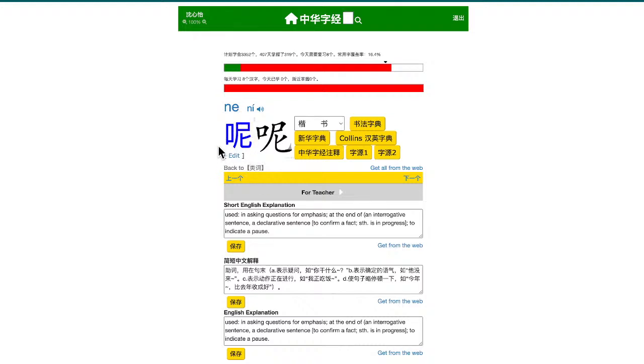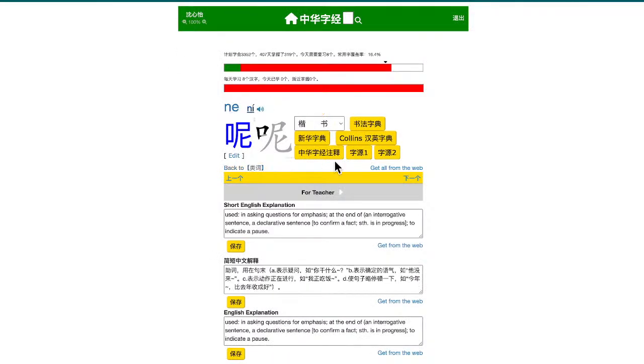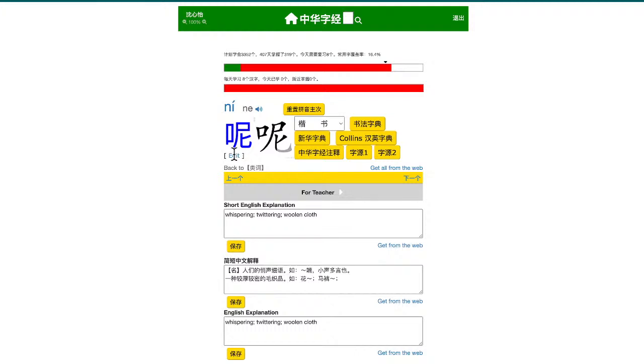So this one is also very, very common. If you see this enough times, then you will see what this character means. The second pronunciation is ni. Ni means whisper or twittering or woolen cloth.